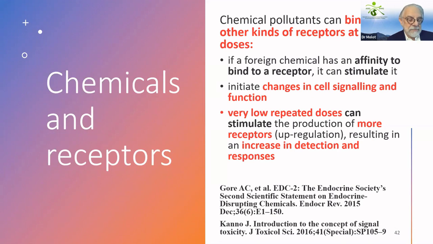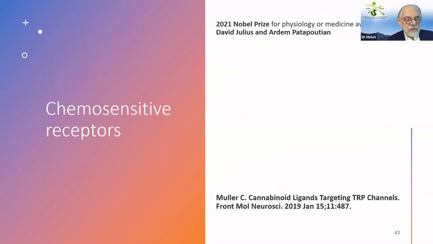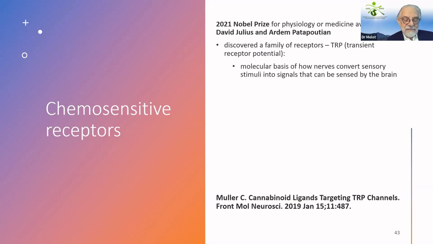In 2021, doctors David Julius and Ardem Patapoutian received the Nobel Prize for Physiology or Medicine because of their discovery of a family of receptors called transient receptor potential receptors, which we'll just refer to as TRP. This discovery led to our understanding of the molecular basis of how nerves can convert sensory stimuli into signals that are sensed by the brain.